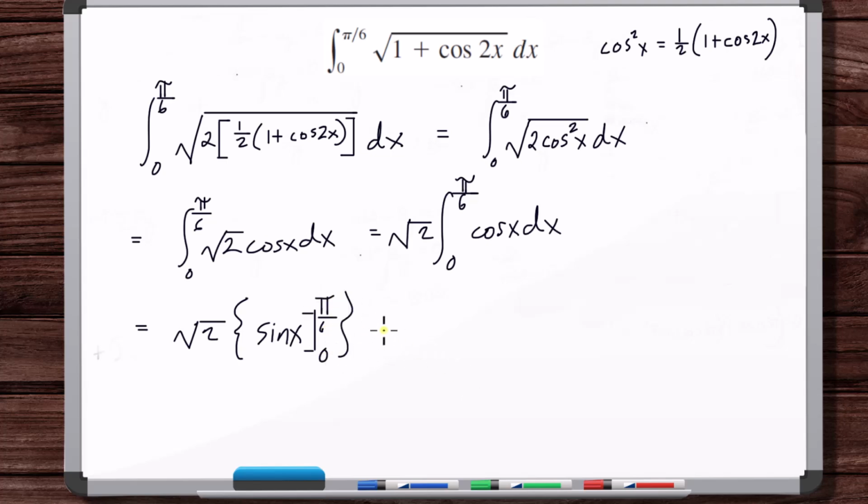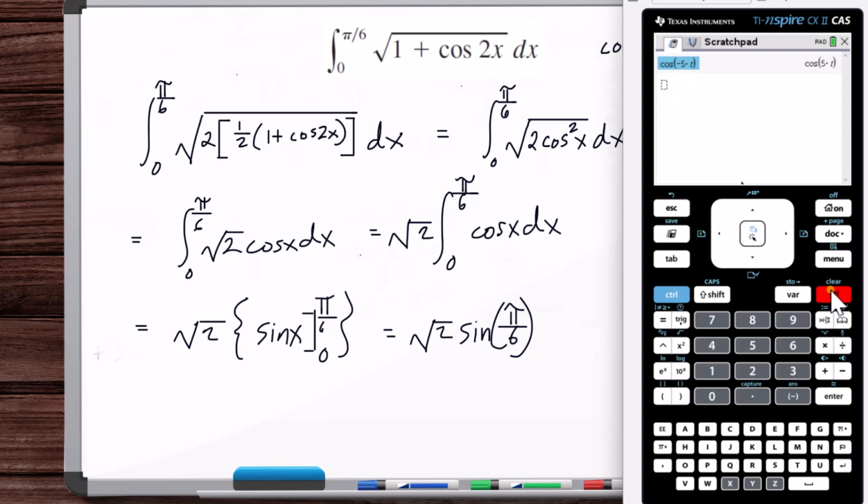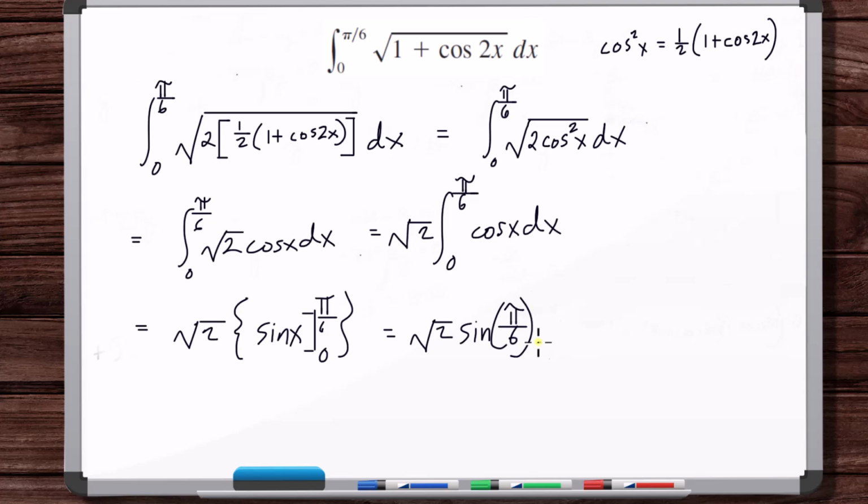Sine of 0 is 0, so root 2 sine pi over 6. Sine of pi over 6 is 1/2. So root 2 over 2.